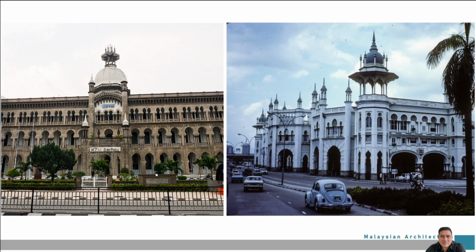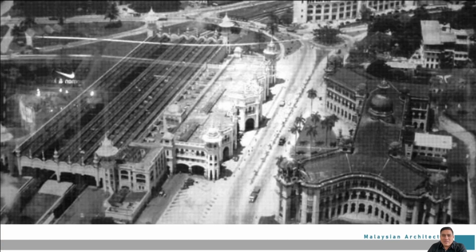You can see that it is entirely different, entirely in contrast to what we see in Malay traditional architecture. So this is another view of the Kuala Lumpur railway station.